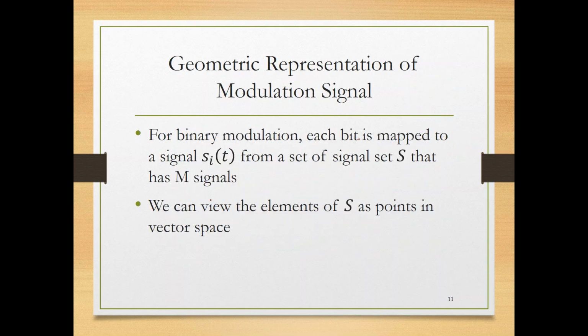For binary modulation, each bit is mapped to a signal from the signal set. Binary modulation means you have only two levels, or two different bits, and you map them to their waveforms. Because as I said, you cannot transmit the bits directly. You need to map them to waveforms and then modulate these waveforms.